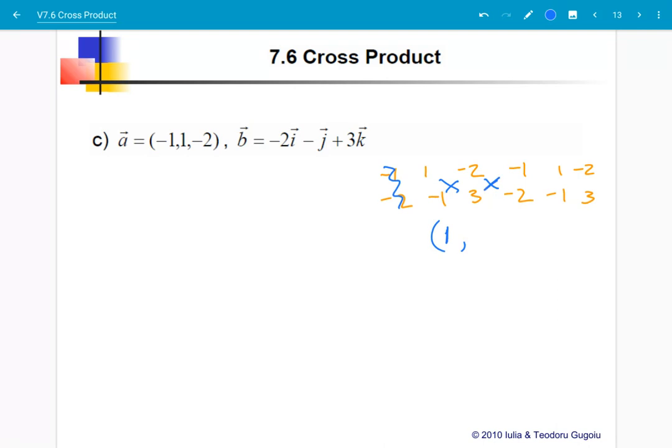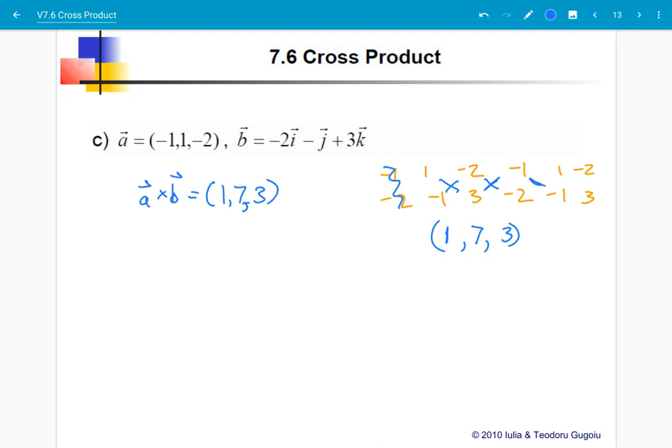Minus -3 is +7. +1 minus -2 is +3. So A cross B for part C is 1, 7, and 3. Okay.